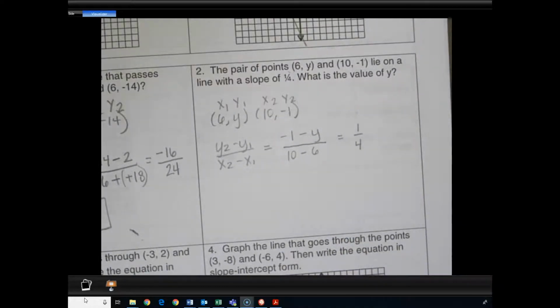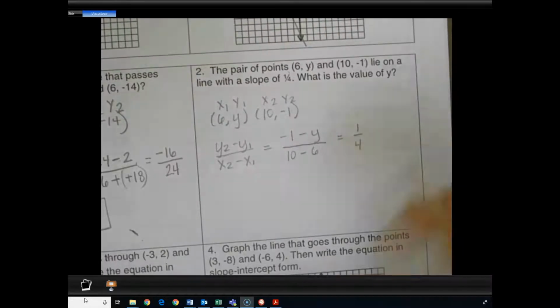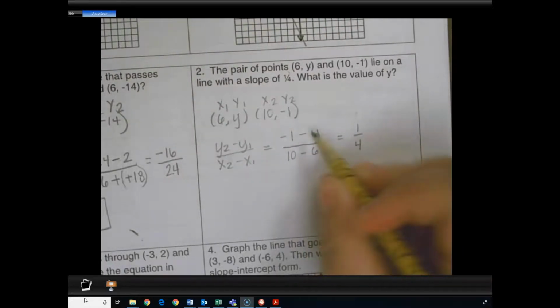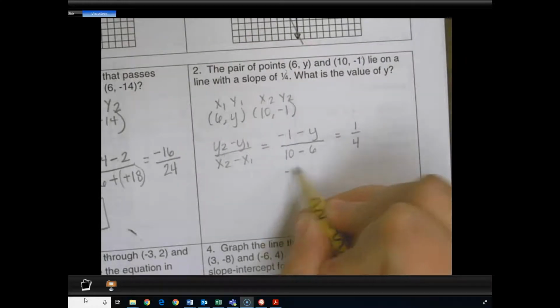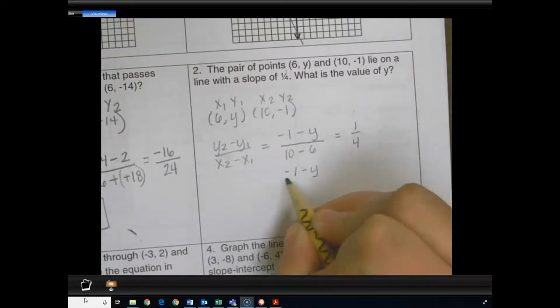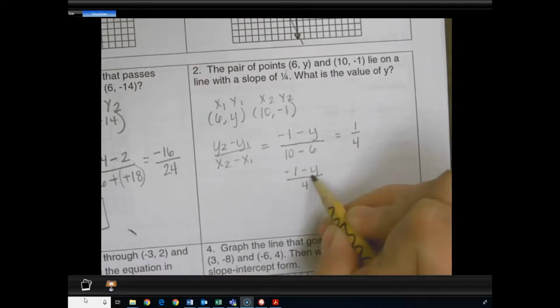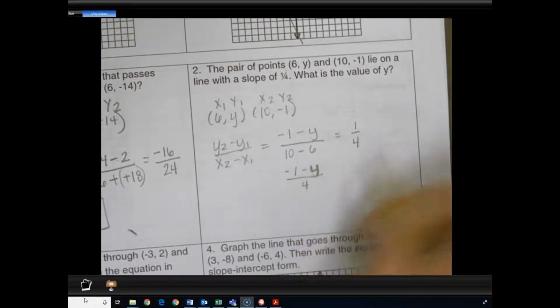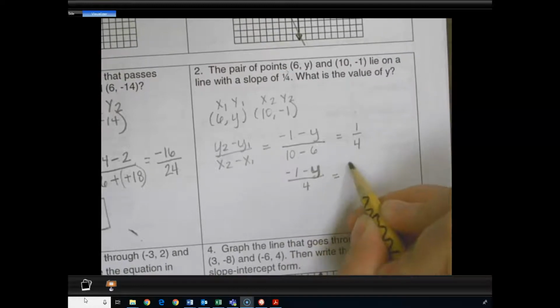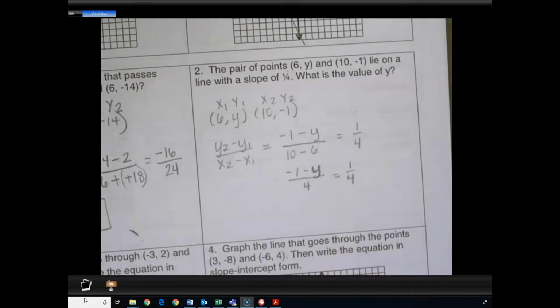All right, I'm going to work out what I can on the left. Negative 1 minus y I can't do anything with, but I can do 10 minus 6 is 4. Now I want to make sure my y looks like a y, because my y's tend to look like 4s sometimes. So this is where we're at.